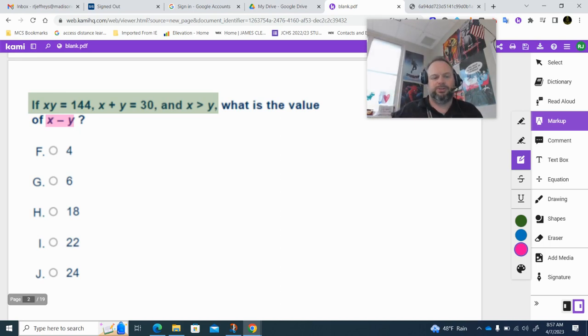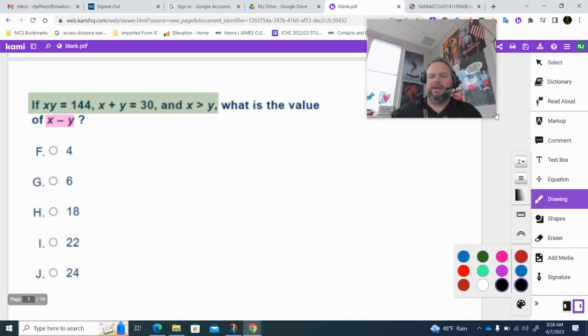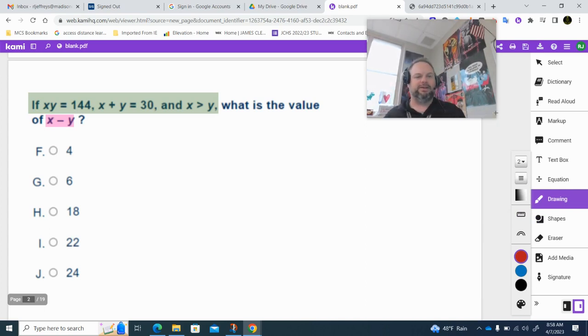so you can troubleshoot. Okay, and here's the deal, they give you all these numbers and you're like, oh, it can't be 4, it can't be that. It's not asking for x or y, it's asking what is x minus y. So you can actually plug stuff in. A lot of people say, let's plug in this and this. We're already thinking, what can we go into 144?